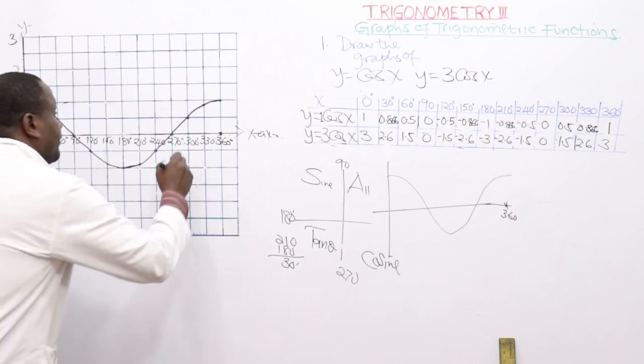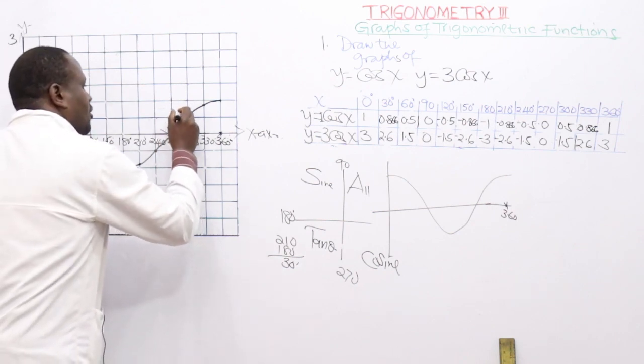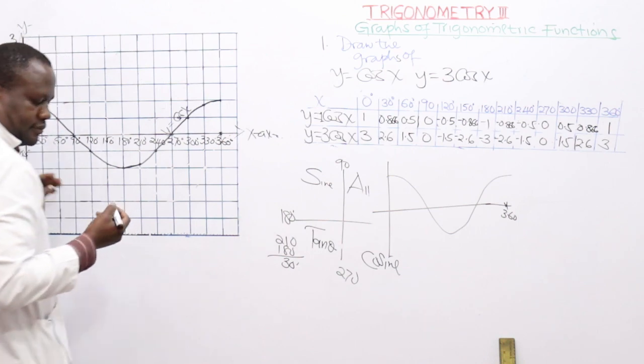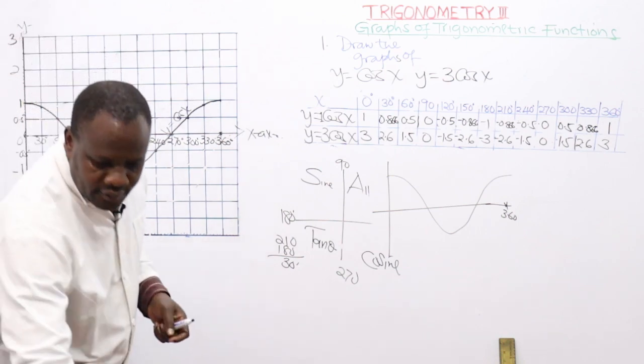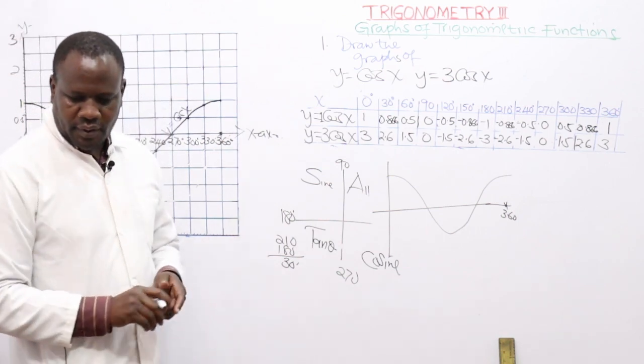So you call this graph y is equals to cos x.